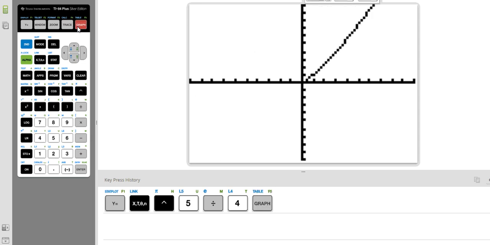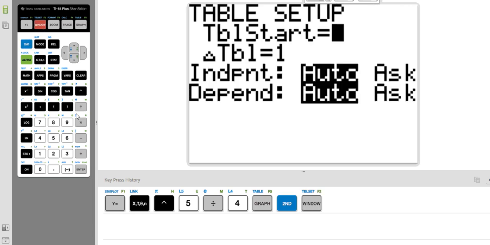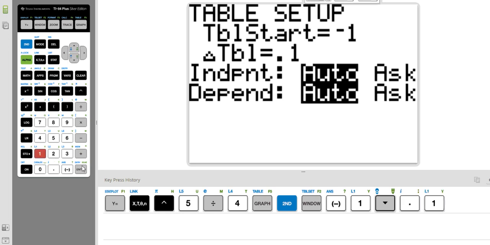It kind of looks like this when we look at that, and so a little kind of hard to see if we look at a table of values. Second table set. Let's start at like -1, and I'm actually going to go by 0.1 just to kind of see what's happening there as we go. And let's look at a table of values.